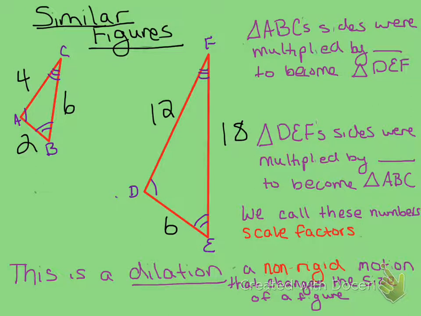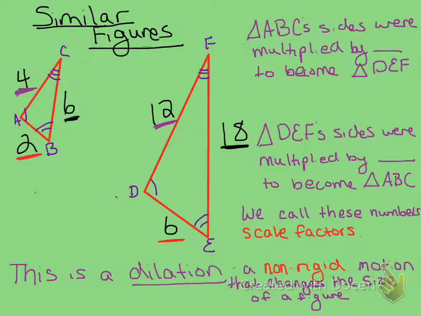So in these two triangles, we see that ABC is definitely smaller than DEF. If you look at the corresponding sides, we have AC corresponds to DF, AB corresponds to DE, and 6 corresponds to 18.